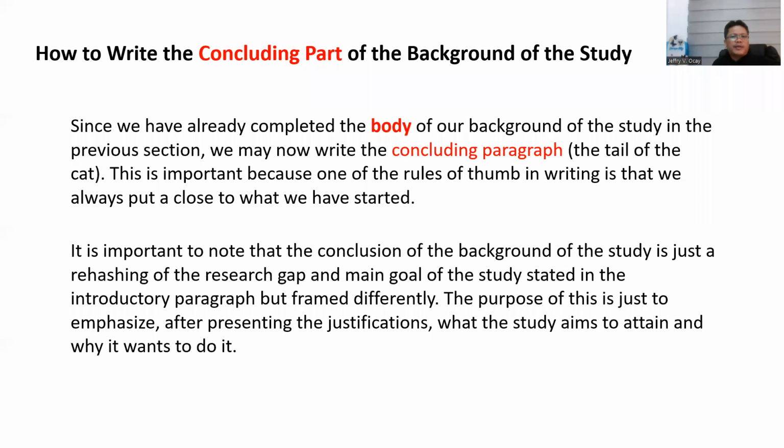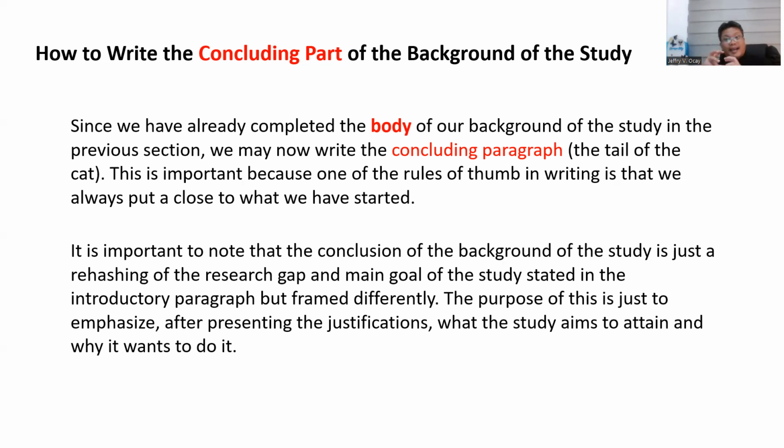It is important to note that the conclusion of the background of the study is just a rehashing, using this style, of course. This argument is just for the style of writing. I will explain later on, especially in part two, where I discuss the deductive style of writing. But at least at this point, this is the first example. So again, it is important to note that the conclusion of the background of the study is just a rehashing of the research gap and main goal of the study stated in the introductory paragraph, but framed differently, of course.